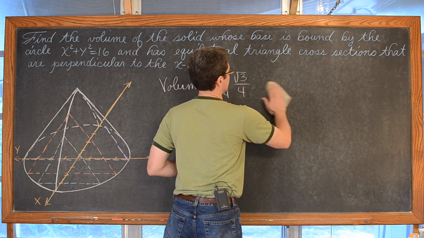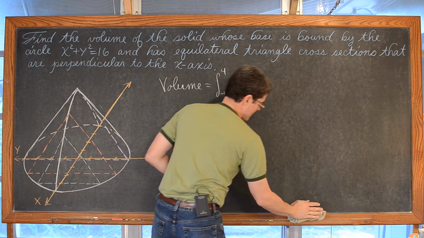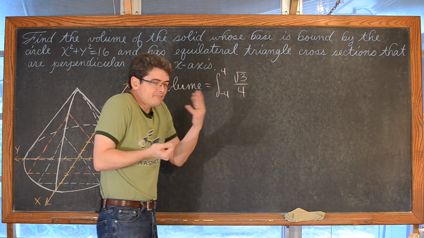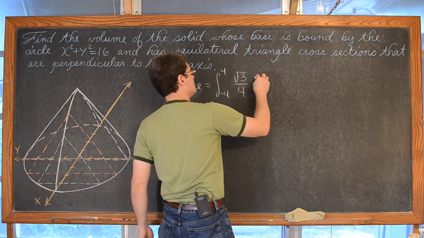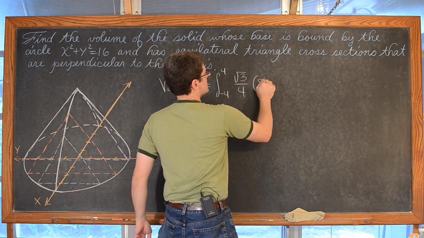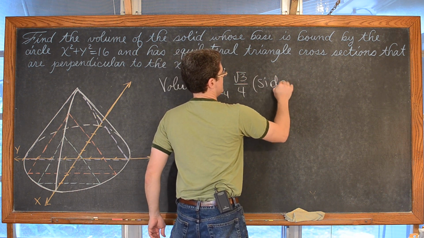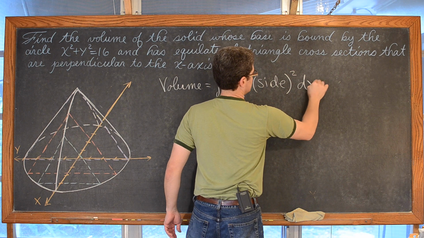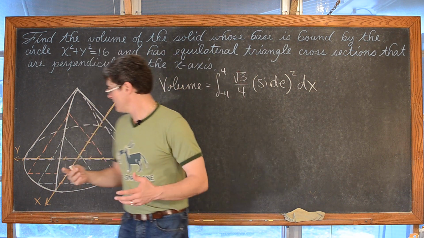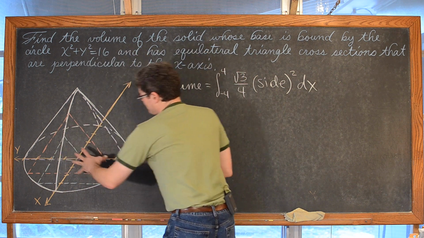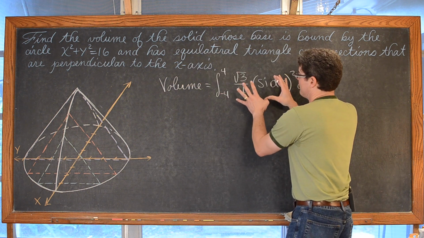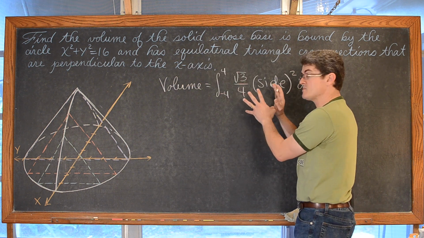So I'm going to replace this x squared with a more understandable notation: the length of one of the sides of the equilateral triangle squared, dx. This is supposed to be the formula for the area in terms of x.